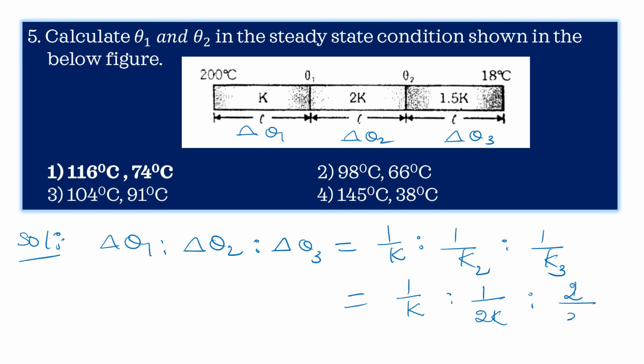So 2 by 3 K. Here 3 by 2 can be written as 2 by 3 K. Substituting now 6 is to 6 by 2 is to 6 into 2 by 3. Here 2 ones, 2 threes, 3 ones, 3 twos.